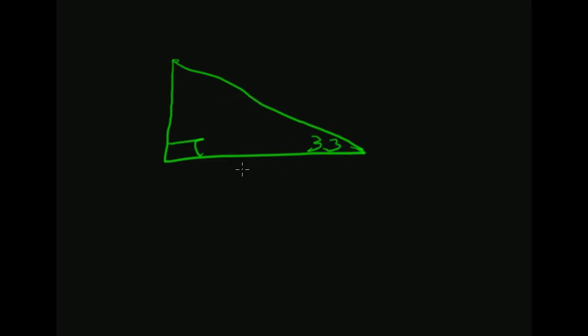Okay, so again, another cosine example. So again, this is going to be a 33-degree angle. I know now that the adjacent side is 7 in length, but I don't know the hypotenuse. So again, the cosine of 33 is the adjacent over the hypotenuse.